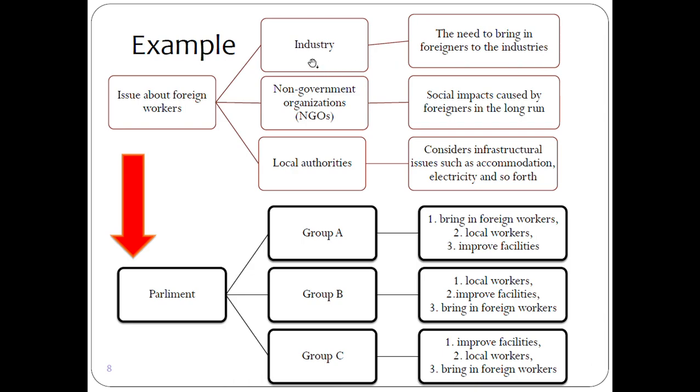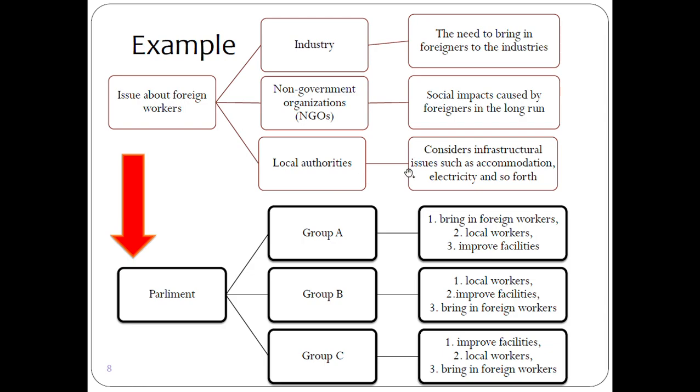Maksudnya kat sini dia tak adalah isu tapi dia macam keperluan. Sekarang ni salah satu keperluan lah untuk membawa masuk warga asing ni dalam industri sebab ialah tenaga kerja makin diperlukan dalam industri. Okay, for the non-government NGO, social impact caused by foreigner in the long run. Berlakunya adalah banyak keburukan, maybe banyak kebaikan tapi banyak jugalah keburukan dalam jangka masa yang lama.